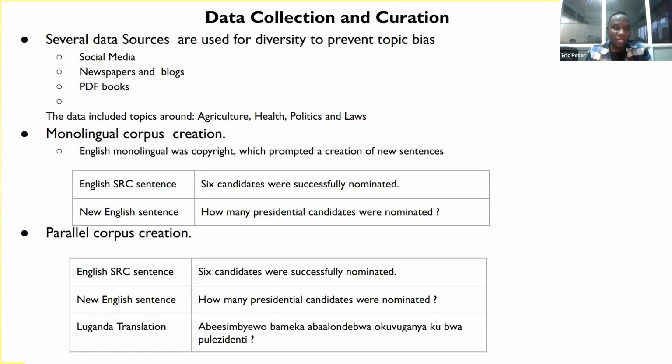Most of these sentences were copyrighted; for example, sentences collected from newspaper websites have their data copyrighted. So we tried to create the dataset under a CC0 license as much as possible. We provided English monolingual sentences to prompt the creation of new sentences, which were later translated into Luganda to create a parallel corpus.